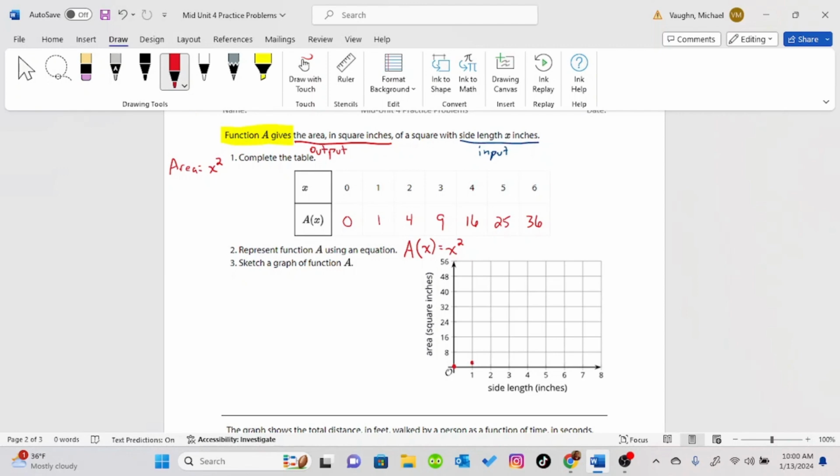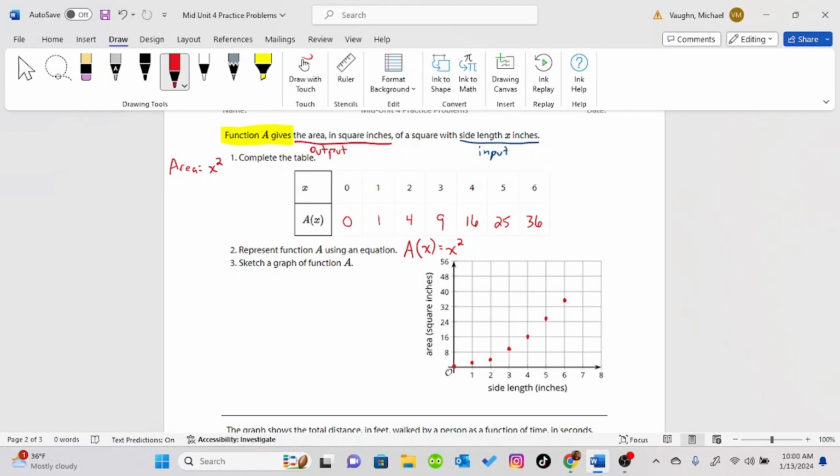The next point, x is 2 and y is 4. The next point, x is 3 and y is 9. Then x is 4, and y is 16. Then x is 5, and y is 25. And finally, x is 6, and y is 36. So these are our points.